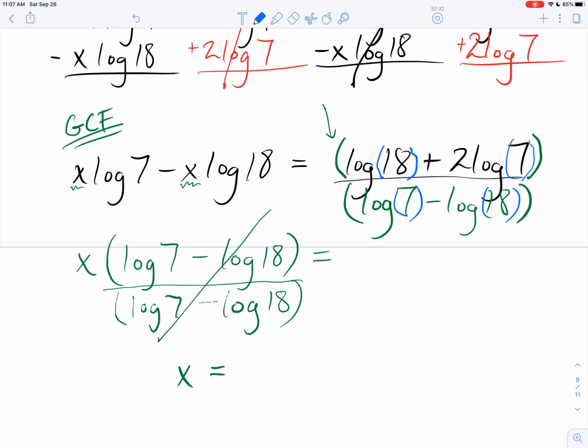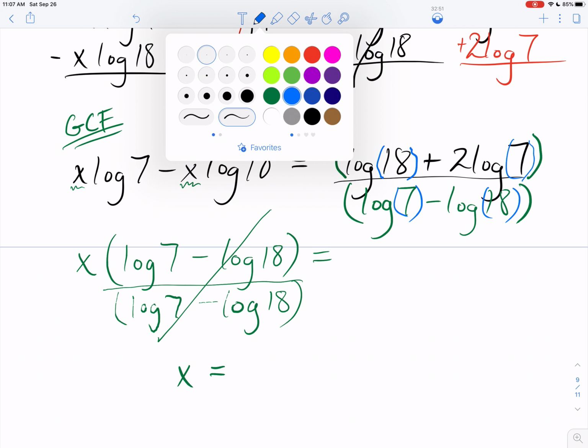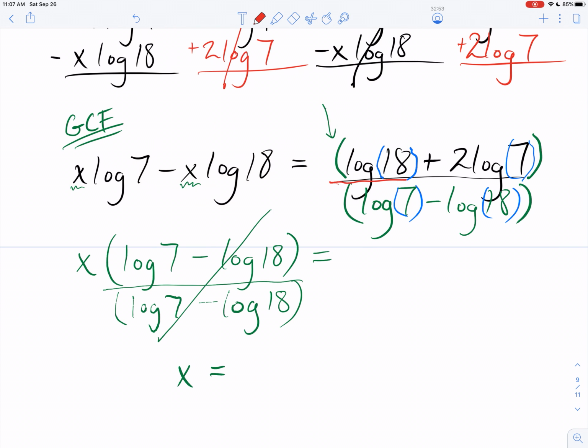So I have parenthesis, log, parenthesis, 18, close parenthesis, plus 2 log, parenthesis, 7, close it, close it. I have double parentheses. Now I can say divided by. So I hit my division key, but I have to put parentheses.